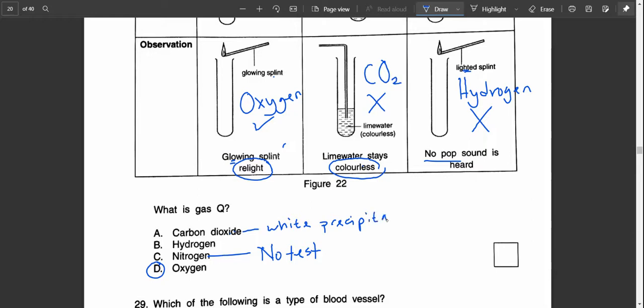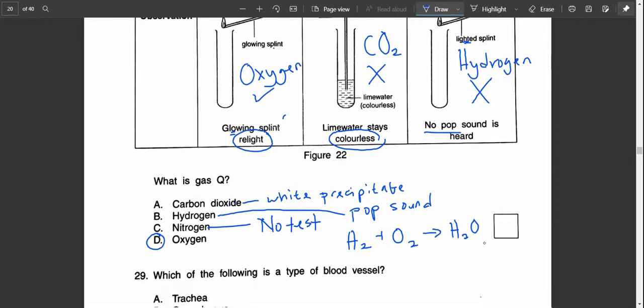That's what you want to see for carbon dioxide. It shouldn't be colorless; instead, it should be a white precipitate. For hydrogen, what you want to hear is a pop sound. The hydrogen reacts with oxygen in the air very quickly to produce H2O, water vapor.